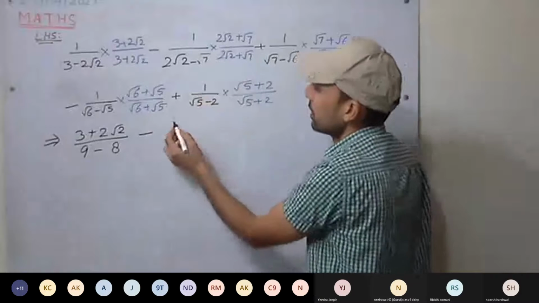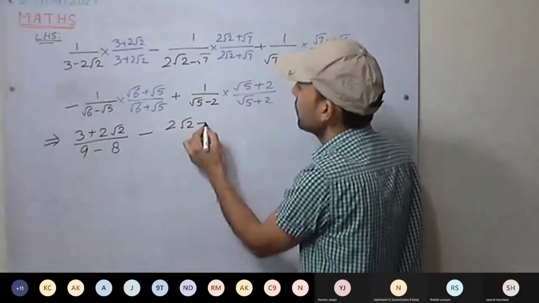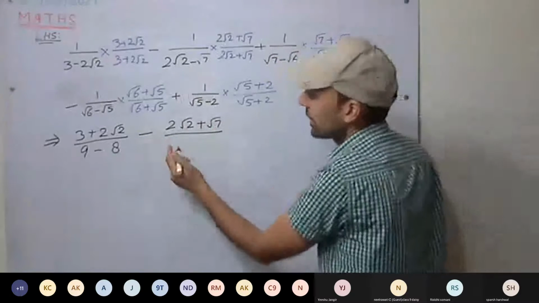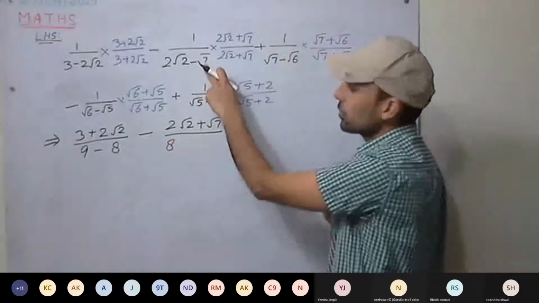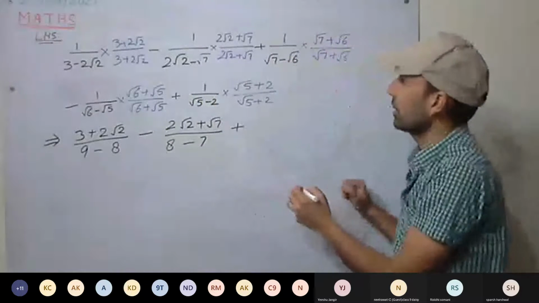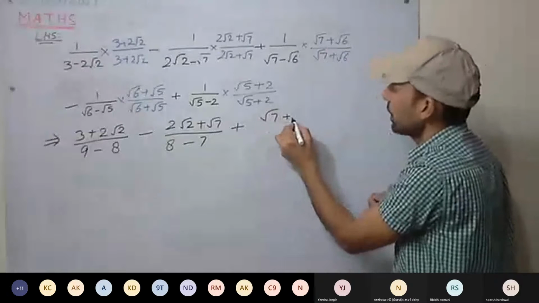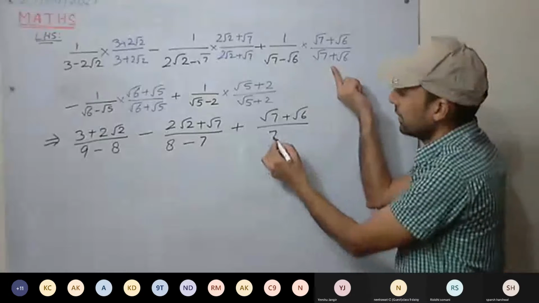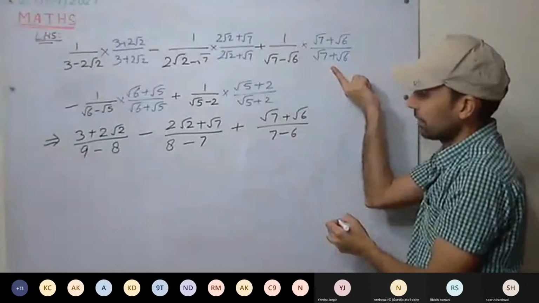Minus 2 root 2 plus root 7. 2 root 2 square we already did, 8, minus root 7 square, 7. Plus root 7 plus root 6, again 7 minus 6.